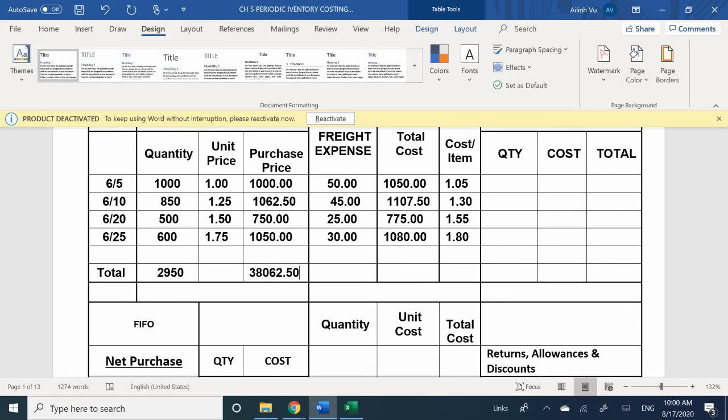Take the zero out. Again, $3,862.50. Yep, that's it. Okay, all right. And then what's my total freight? $150. All right, that gives me a grand total of what? $4,012.50.